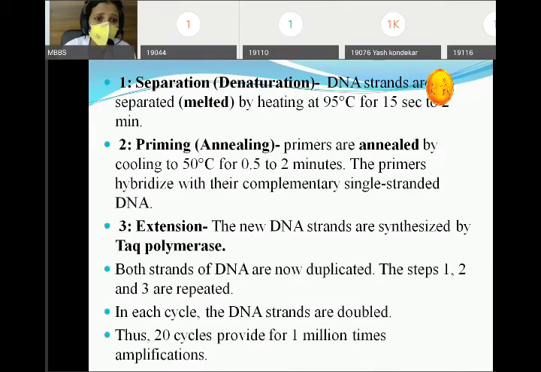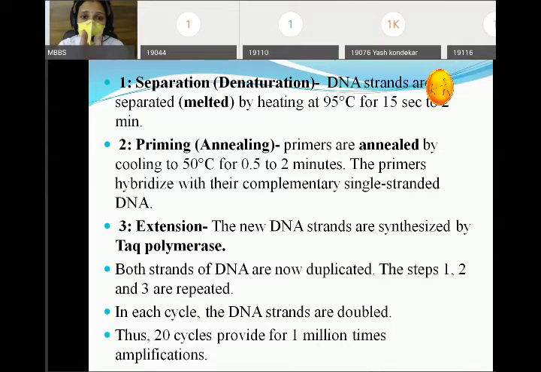There are 3 steps in the PCR. Number 1 is separation. Number 2 is priming or annealing. Number 3 is extension. So in the first step, there is separation or denaturation, in which the DNA strands are separated. These 2 DNA strands are separated by heating at 95 degrees Celsius for 15 seconds to 2 minutes.